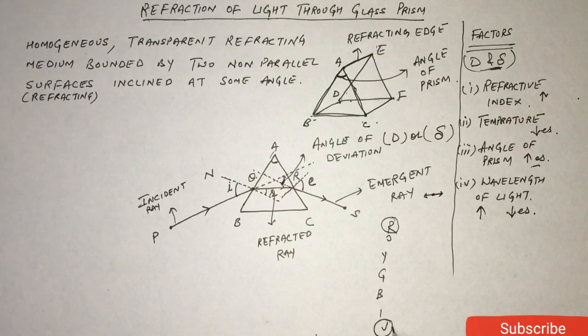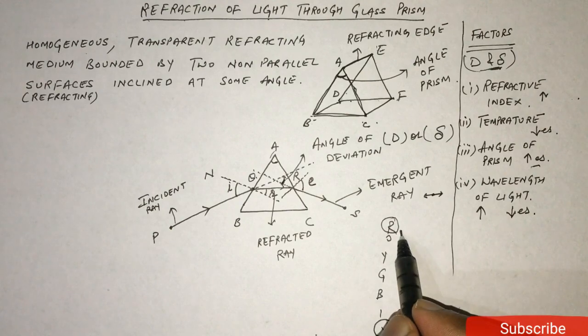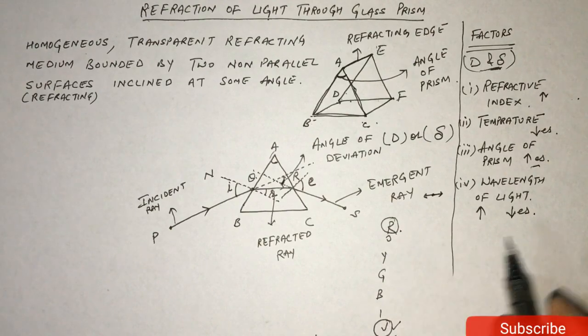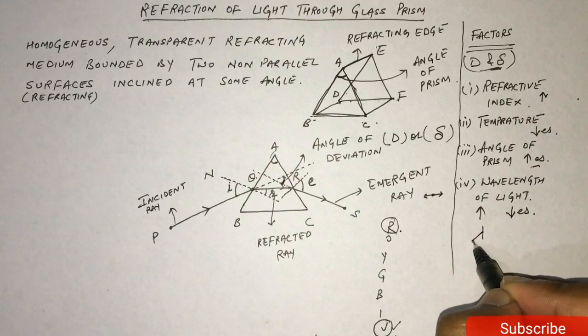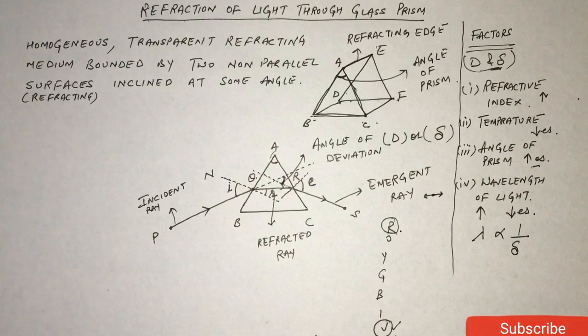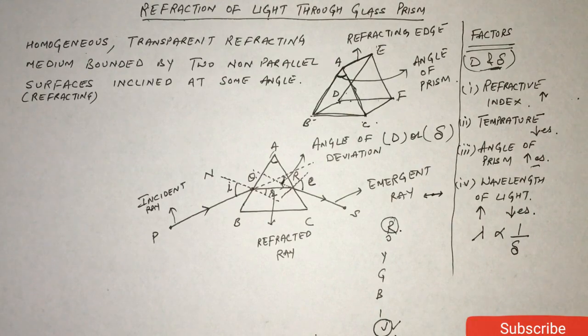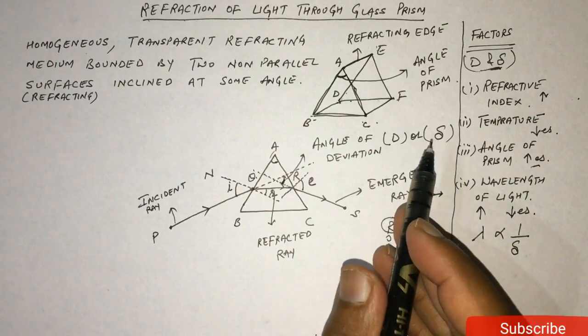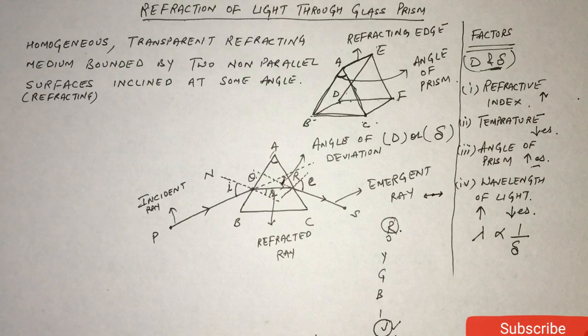Violet has least wavelength, so its deviation is maximum. Red has maximum wavelength, so its deviation is least. So we can say wavelength lambda is inversely proportional to the angle of deviation. Clear? So these are some factors on which this angle of deviation depends.